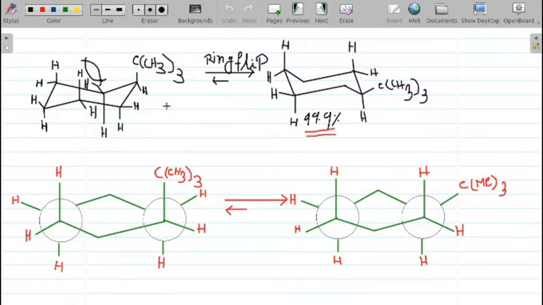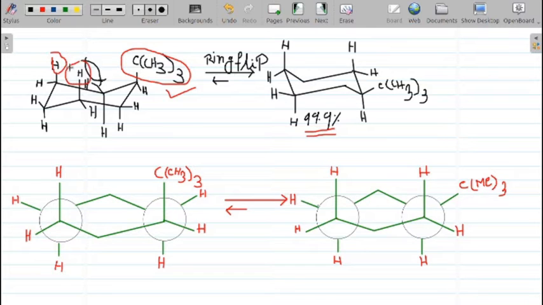And in the next structure we will substitute a hydrogen of the cyclohexane with a tert butyl group. In this case, in the axial conformer where the tert butyl group is present at the axial position, there will be a 1,3 diaxial interaction between this hydrogen and this hydrogen.